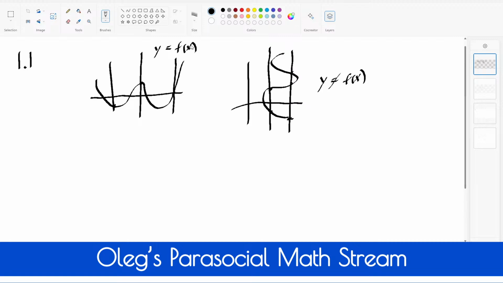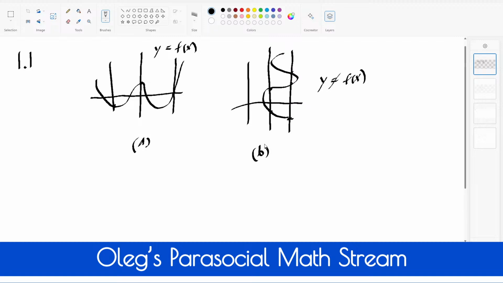Okay. A, the set of plotted points represents the graph of a function because every vertical line intersects the set of points at most once. And B, the set of plotted points does not represent the graph of a function because some vertical lines intersect this set of points more than once.